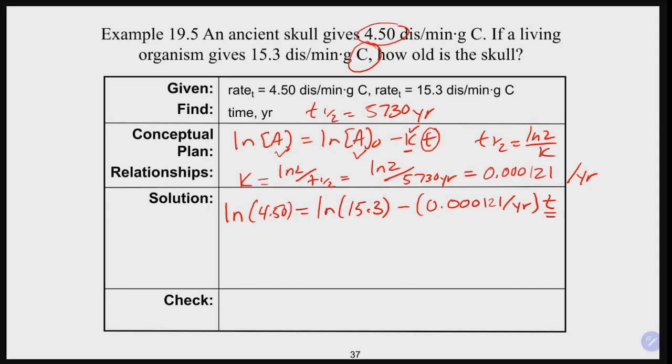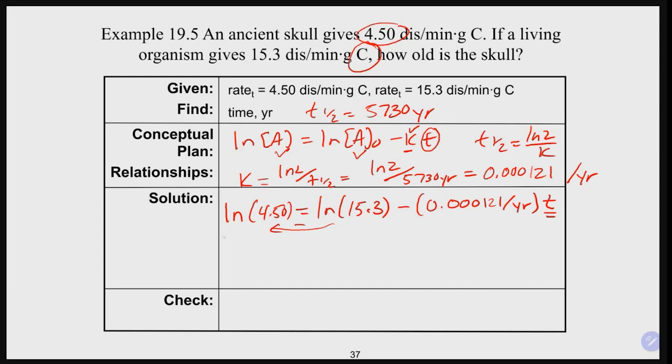Me personally, I would simply take the natural log of 4.5, hit equals, and then subtract the natural log of 15.3 to the other side.